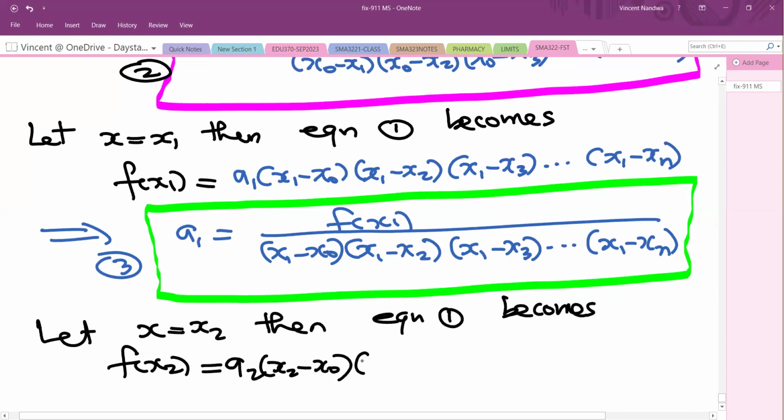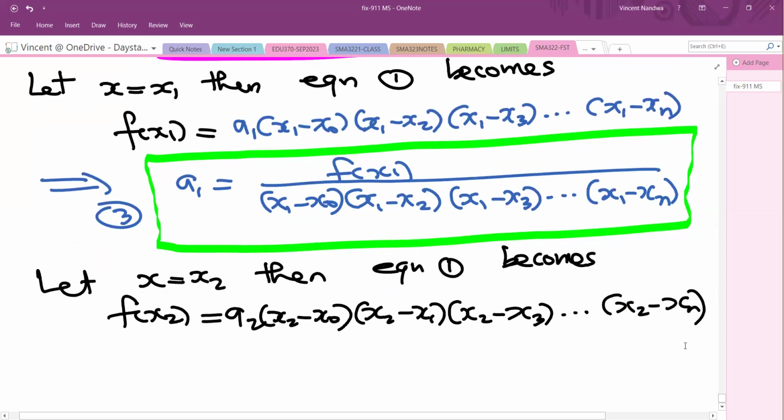x0 multiplied by x2 minus x1 multiplied by x2 minus x3 up to x2 minus xn, correct.